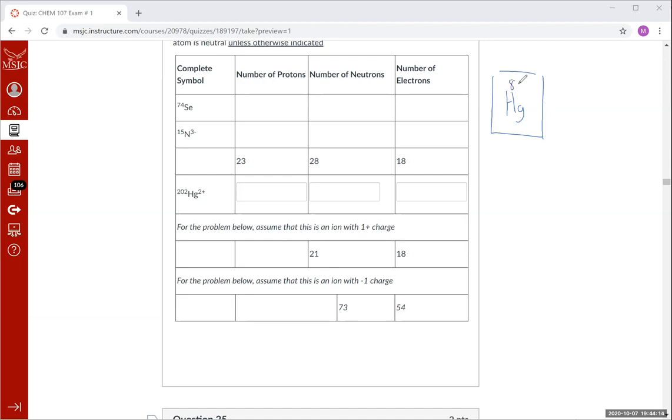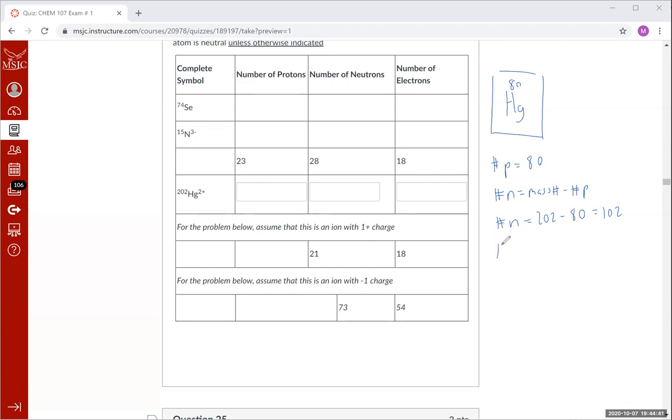Yep. So we know that our number of protons is equal to 80. Our number of neutrons is equal to the mass number minus the number of protons, so we have a mass number of 202 minus 80 protons. That gives us 102 neutrons.